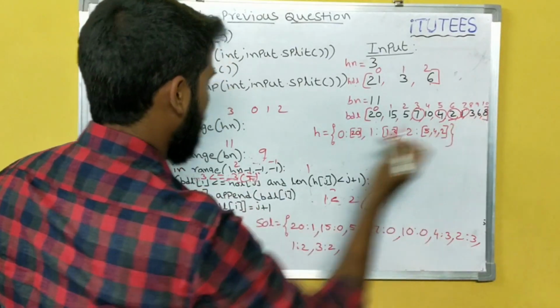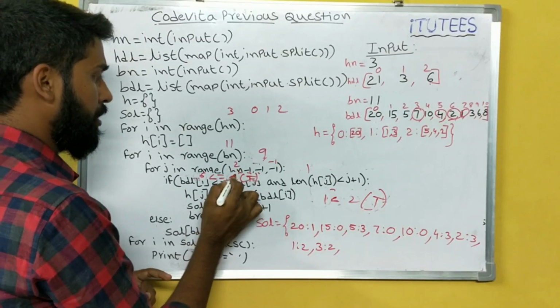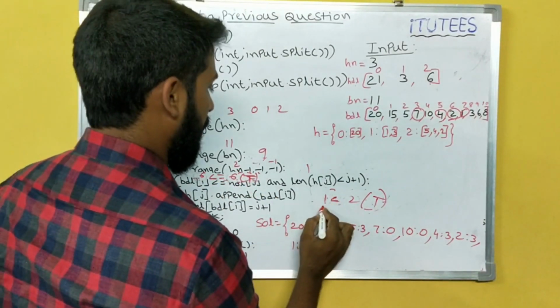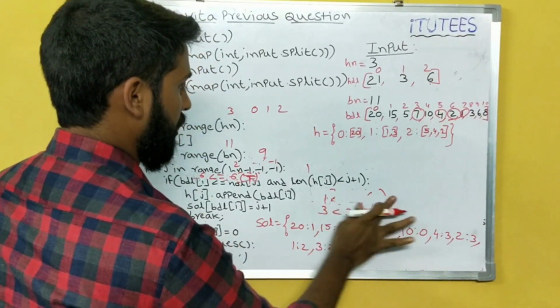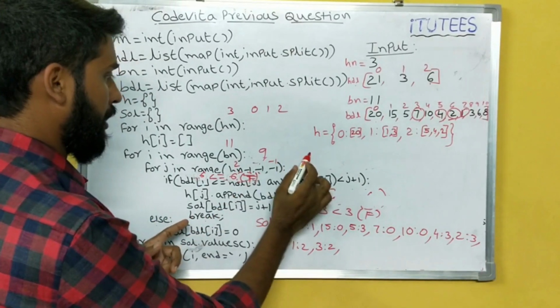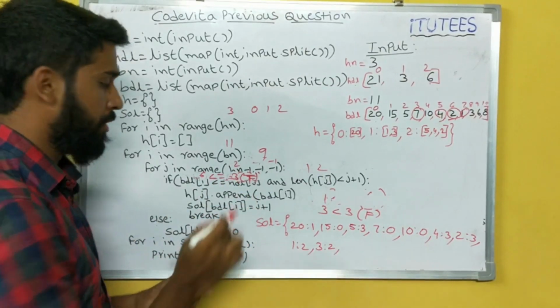Next I becomes 9. So 9 means 6. 6 less than or equals to 6, true. But here the length 3 less than or equals to 3, false. So we go to next. We check that j equals to 2. 3 less than or equals to 3, false.